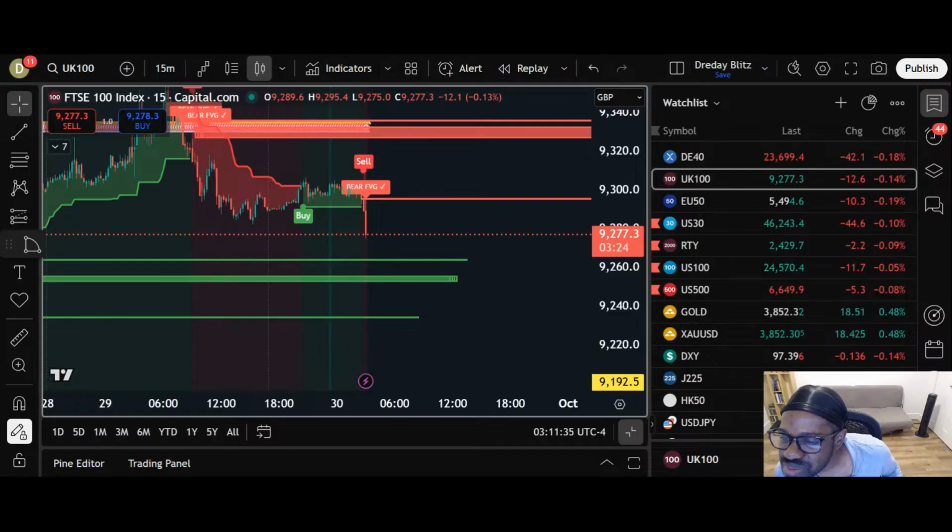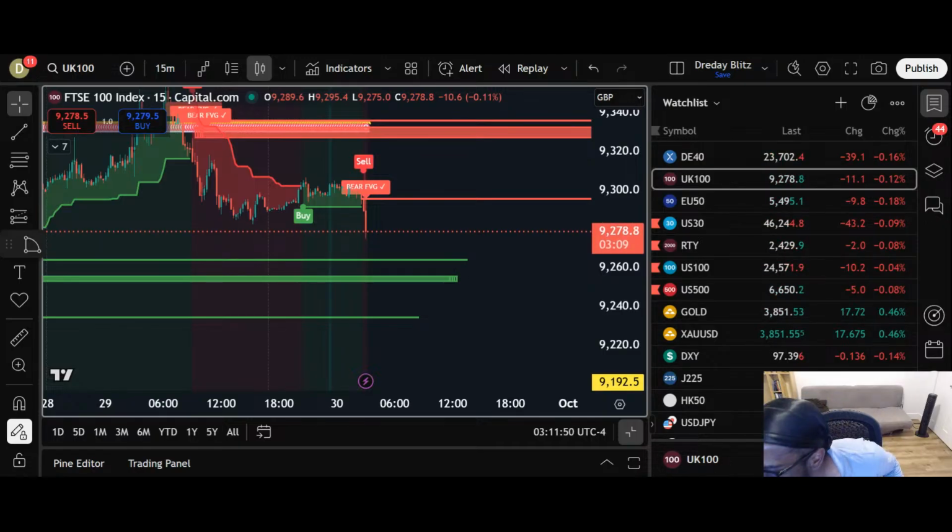So still looking good here for that setup. So German 40 and UK 100 is a sell.